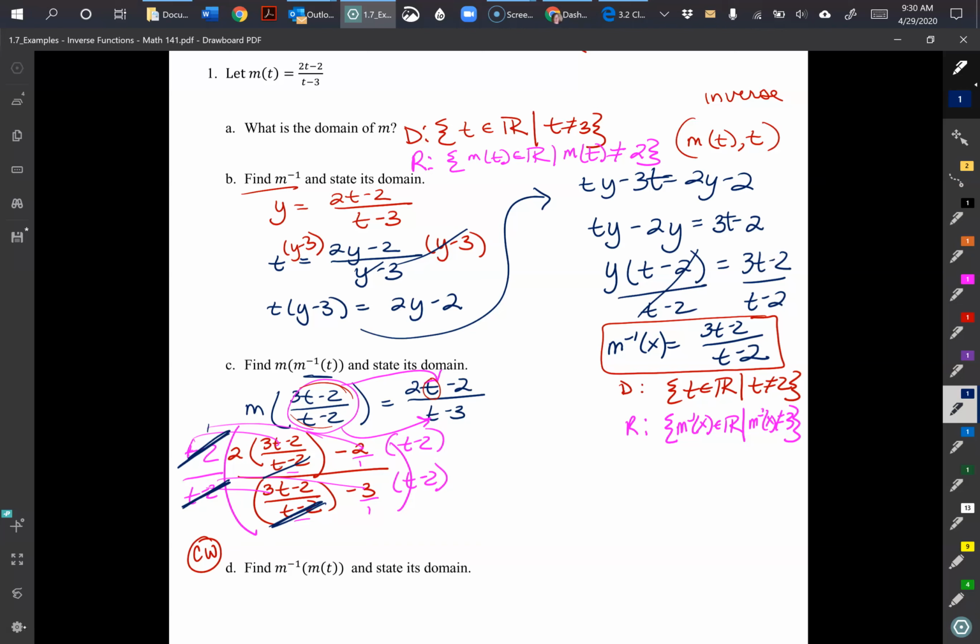So what I end up with is 2 times this 3t minus 2. So that'll be 6t minus 4. Then I end up with the minus 2 times the t minus 2. So I have to, again, make sure you distribute, including that negative. That's pretty popular to forget. I definitely do that sometimes.